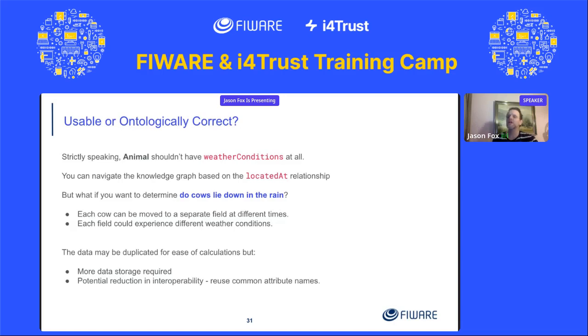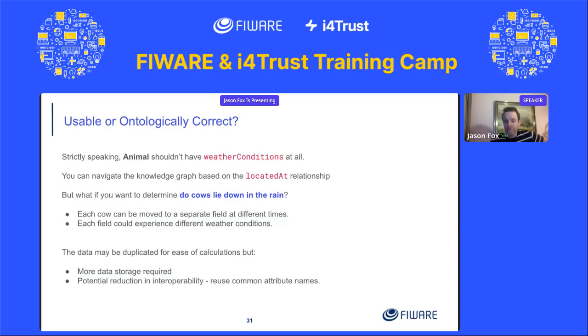You're not changing the data model. You're not adding in stupid stuff like weather into the cow data model, because it's a property of a property. However, you've got sufficient information in there to be able to get hold of the data. Now, obviously, the more you put in, the more specialized you get, the less interoperable your data is.